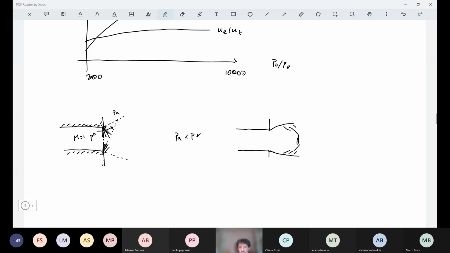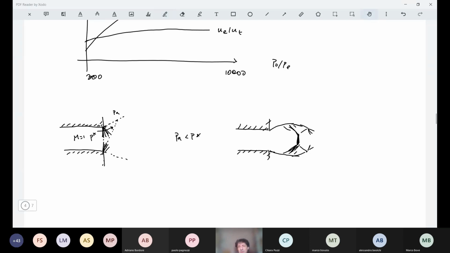Here, this is a normal shock. And so there will be a tripod point with a shock reflection. And then the jet here will be at a given angle, will reach this shock again, and now further expansion will occur, generating the well-known diamond shape that we see in supersonic jets.